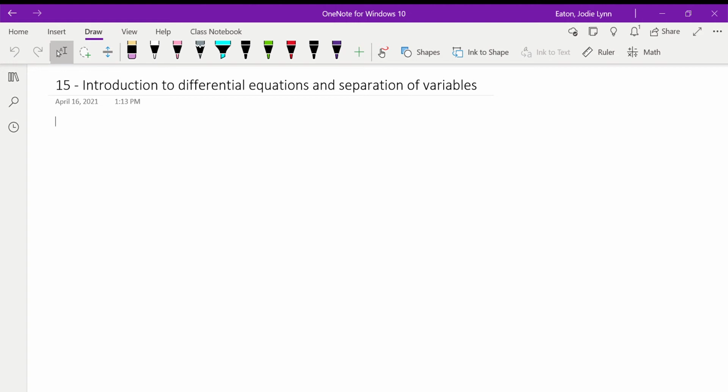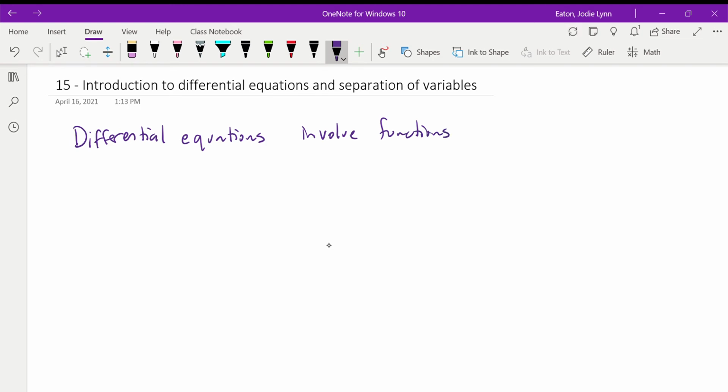So differential equations, there are whole courses in college devoted to solving and understanding different kinds of differential equations. So this is just a brief introduction so you have some idea what people are talking about when they say differential equations. A differential equation involves functions and their derivatives.